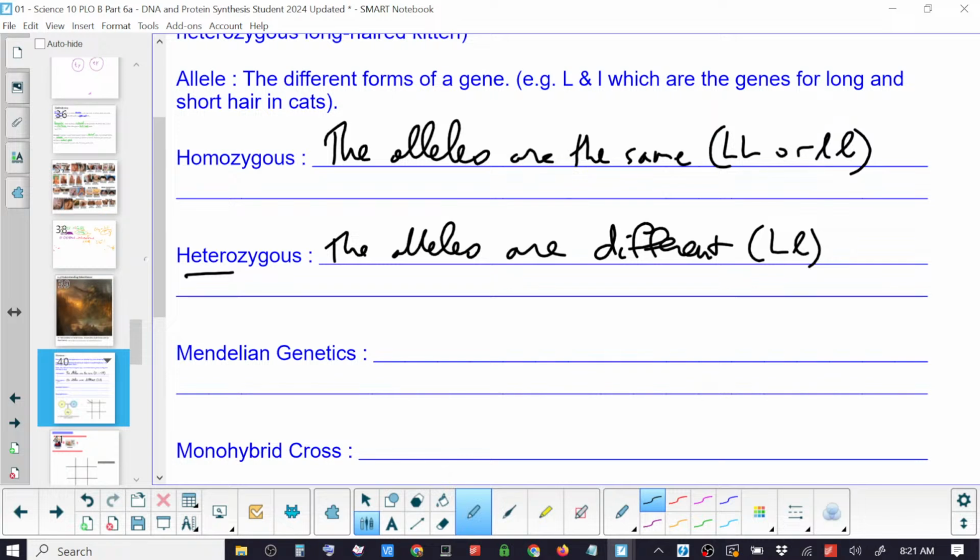This would be known in Mendel's time. He would have called these true breeding, because they would always give the same results. And then heterozygous would have been non-true breeding.